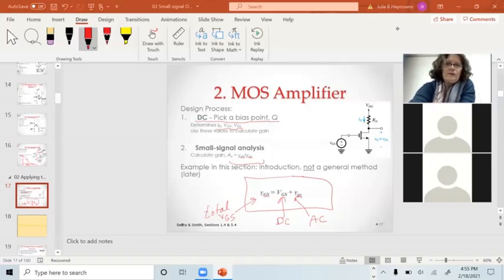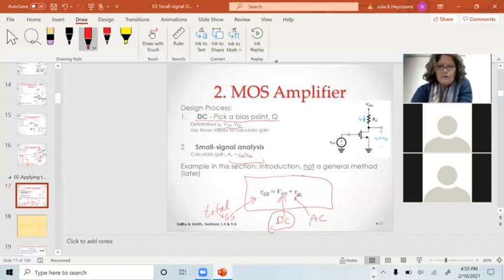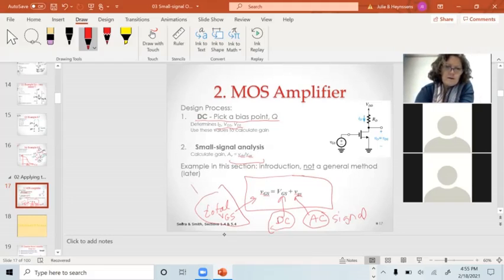So this part right here is the DC voltage. The AC would be the signal voltage. And the total instantaneous voltage would be over here. Okay, thank you, Julie. Okay, no problem.